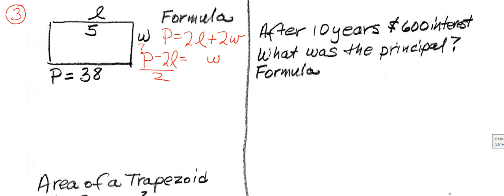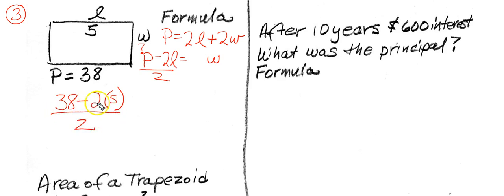Now we substitute the information we know. Well, we know P is 38. This is the P, minus 2 lengths, so this is going to be minus 2 times 5. The length is 5, 2 lengths, and then we're going to divide by 2.